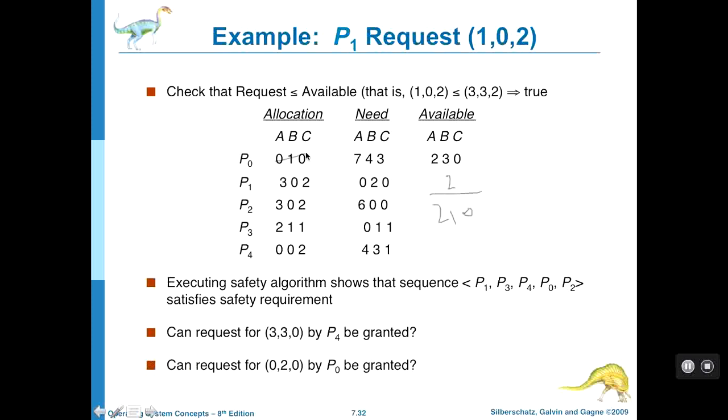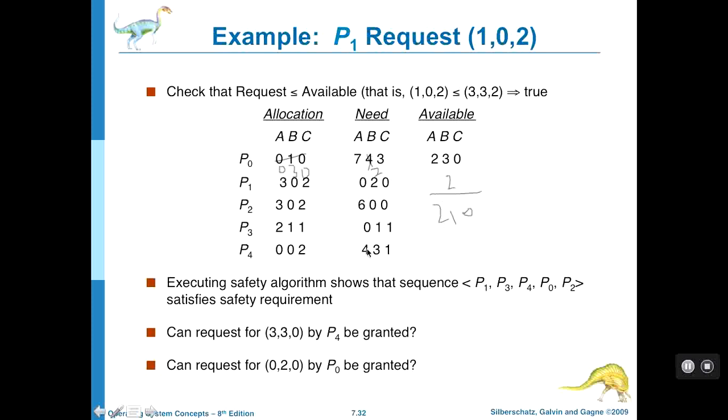And that's going to change this to being 0, 3, 0, right? And then we're going to take the 2 off of the need here because that's going to be 2, right? So now we just go through and do the same steps. Are there any of these that can actually do the 2, 0, 1? And actually there isn't. None of it.